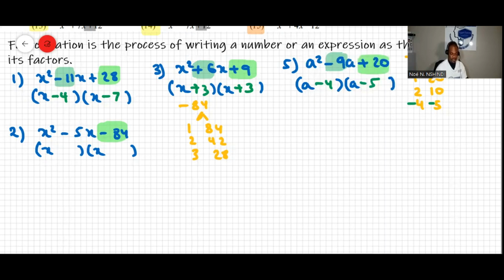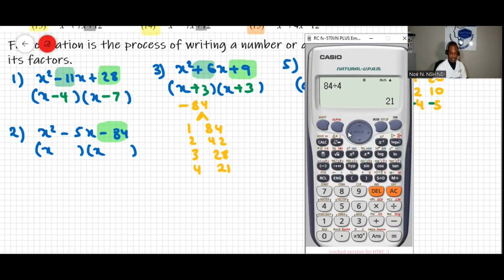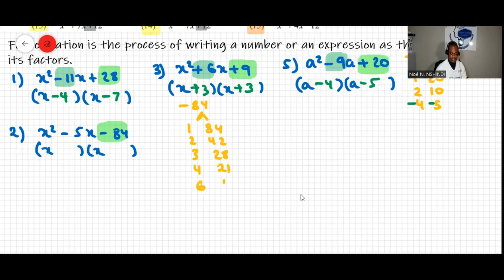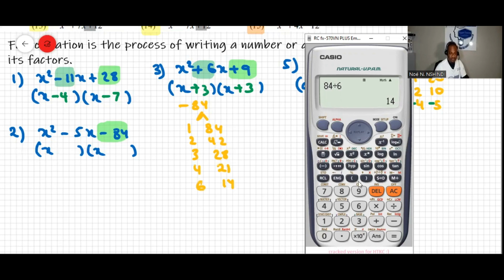So 4 with 21, and then is there anything else to do? Yes, 7. I can see with 7, with 6 maybe. Let's double check with 6. Yes, 6 and 14. I knew already I cannot divide by 5 because it doesn't end with 0 or 5. So that's why I did it with 6.